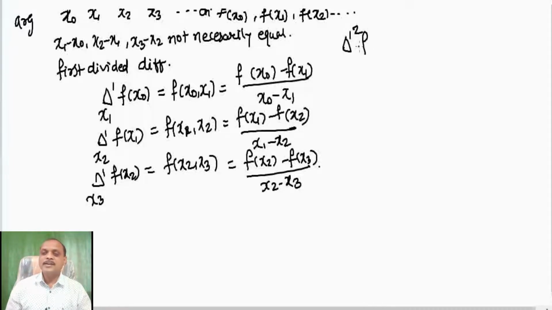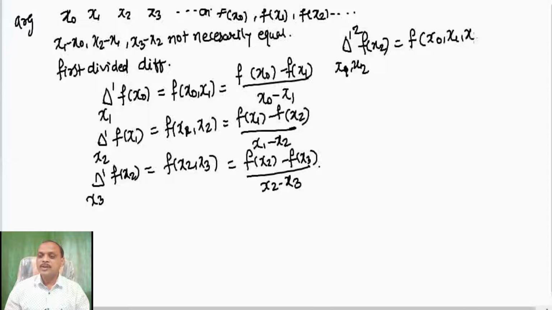The second divided differences are denoted by delta dash square, and they are between the points x0, x1 and x2.